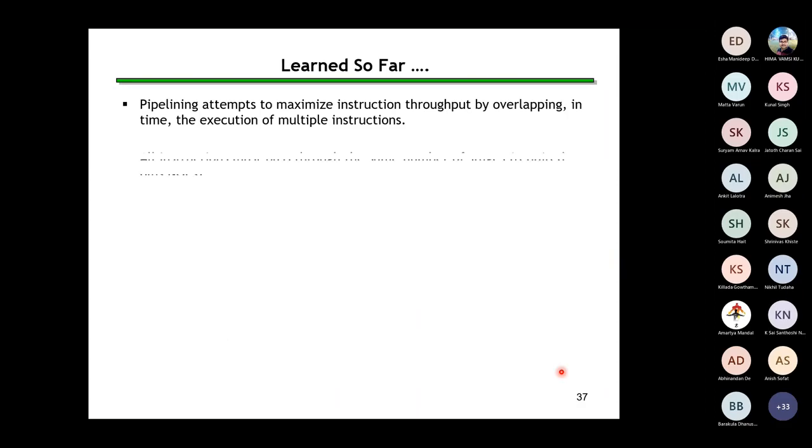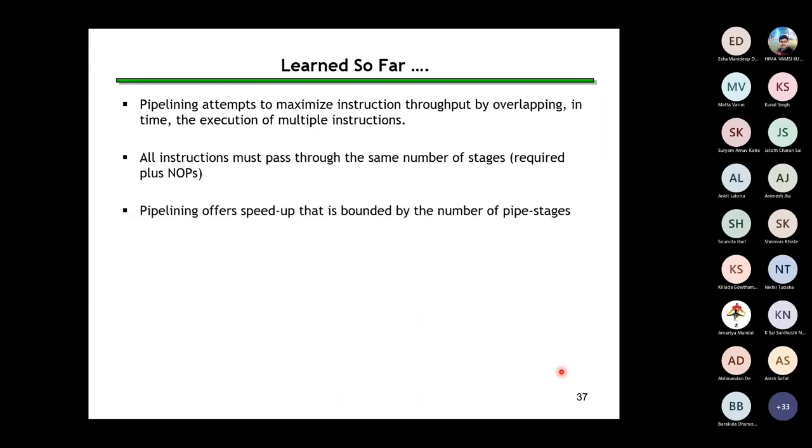So what you have learned so far, the summary of this: pipelining attempts to maximize the instruction throughput by overlapping, or by executing multiple instructions simultaneously. It is better that you design the instructions in such a way that all instructions pass through the same number of stages, including no ops. Speed up is bounded by the number of pipe stages.